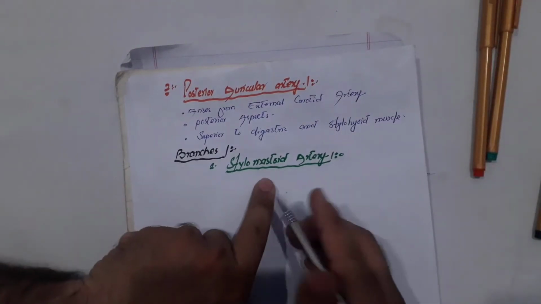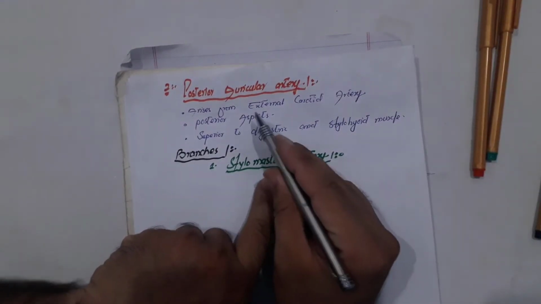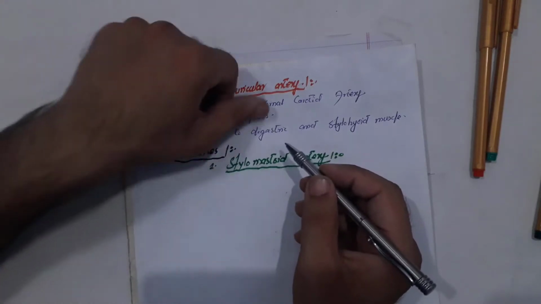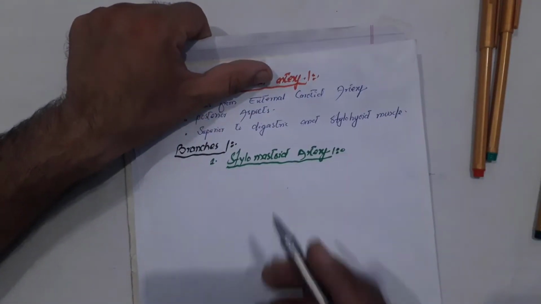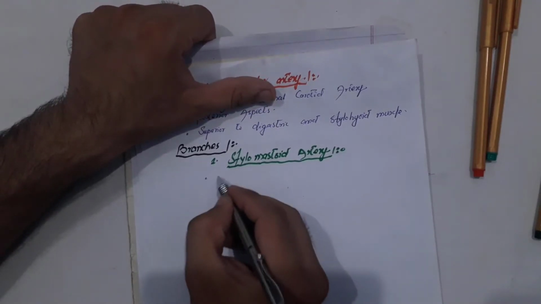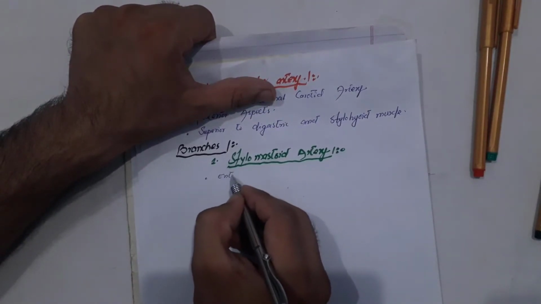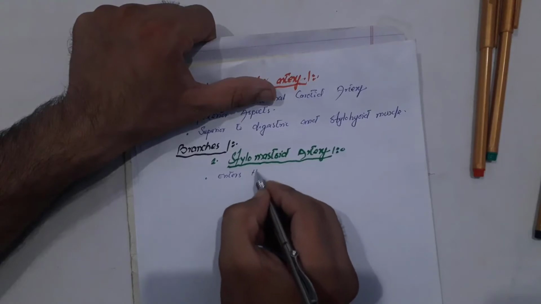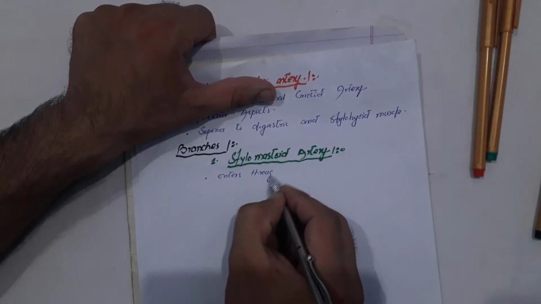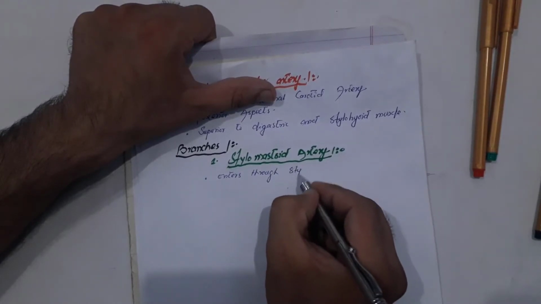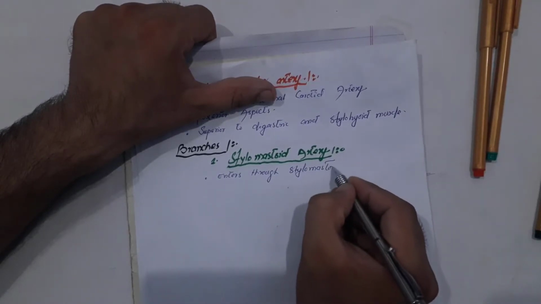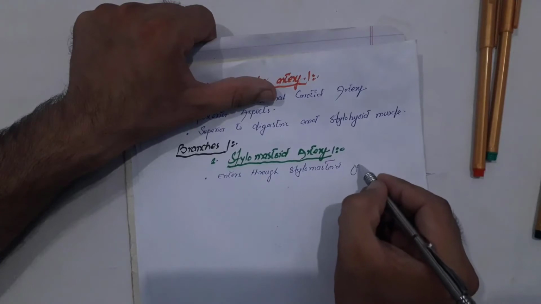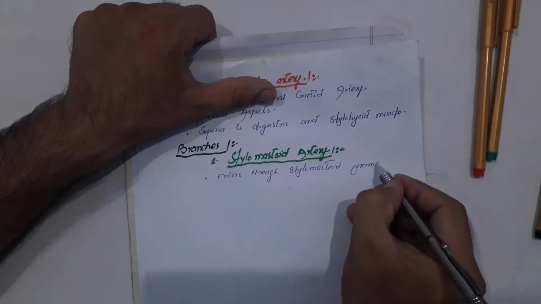Right, so the stylomastoid artery is the first branch which arises from this posterior auricular artery, and it enters through the stylomastoid foramen, right? Clear, friends?